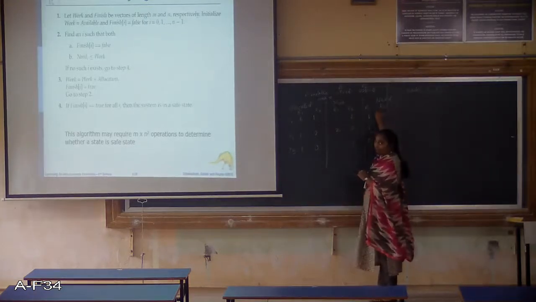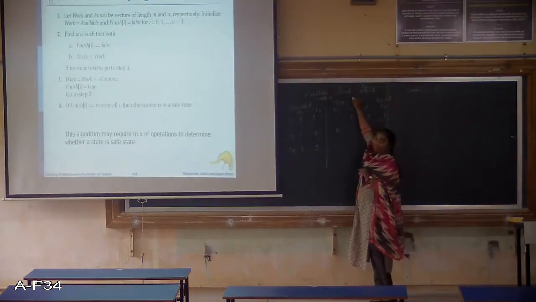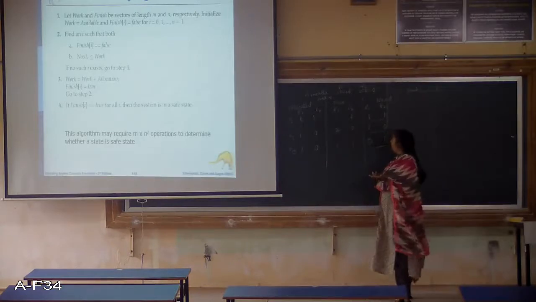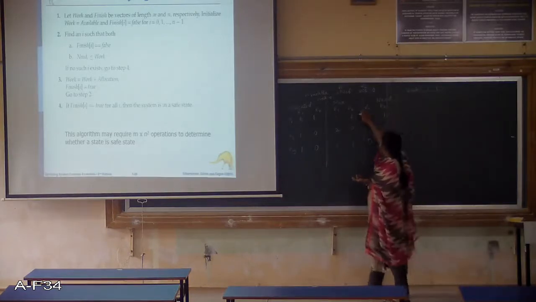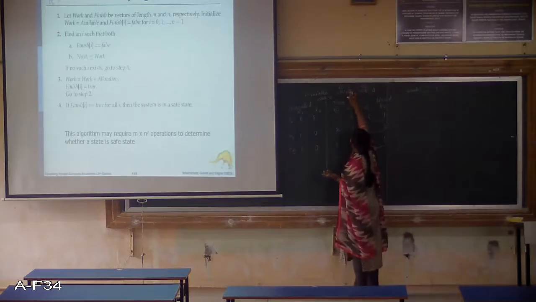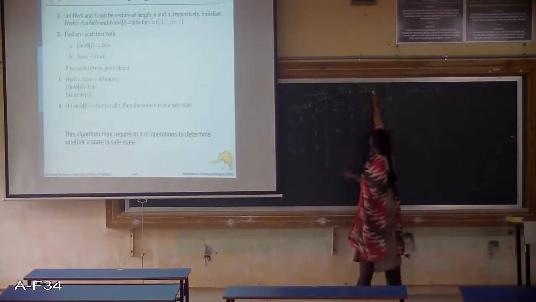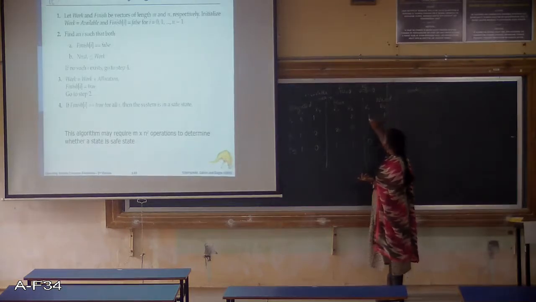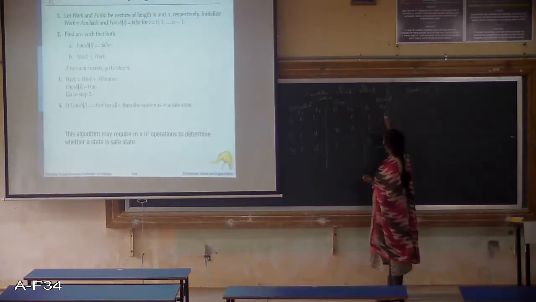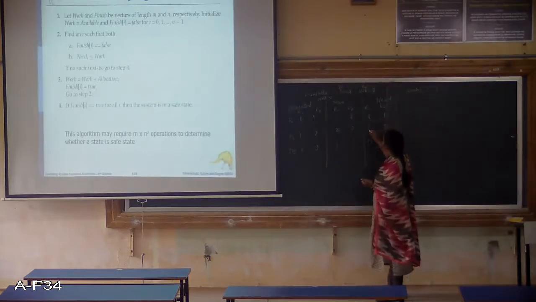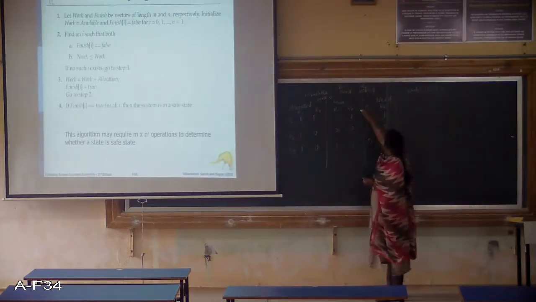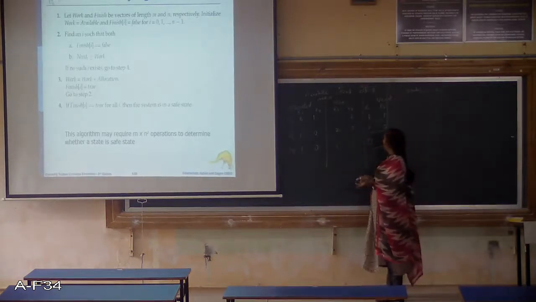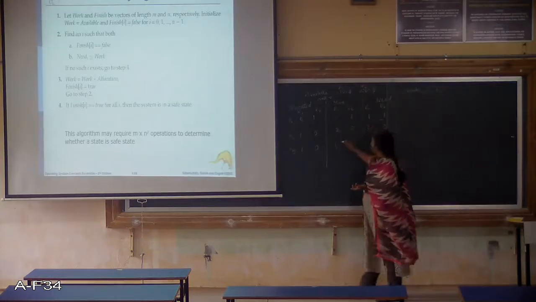Based on the need, there must be that many resources. If whatever we require is not available with us, then we cannot provide it. For example, now there is 1 CPU and there is 0 USB. This requires 1 CPU and 1 USB, so it is not possible to allocate it. This requires 1 and this requires 0. Yes, this one can be allocated to P2. P2 can finish its execution.